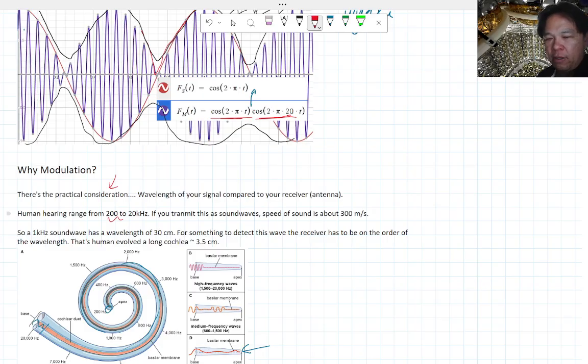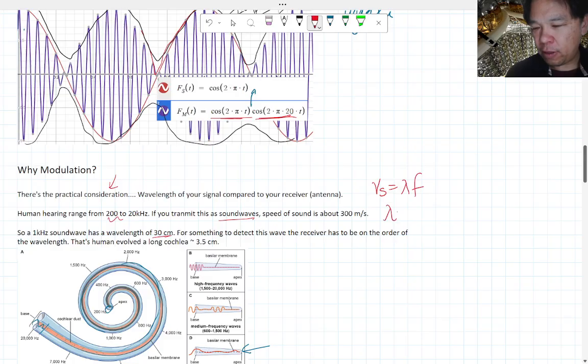If you were to transmit this as a sound wave, like me just speaking to a person, the speed of sound is very slow, 300 meters per second. So if I was sending out a 1 kilohertz sound wave, the wavelength of that will be 30 centimeters. The way you figure this out is that the speed of sound is the wavelength times the frequency. If you want to figure out the wavelength, you just take the speed of sound divided by the frequency.